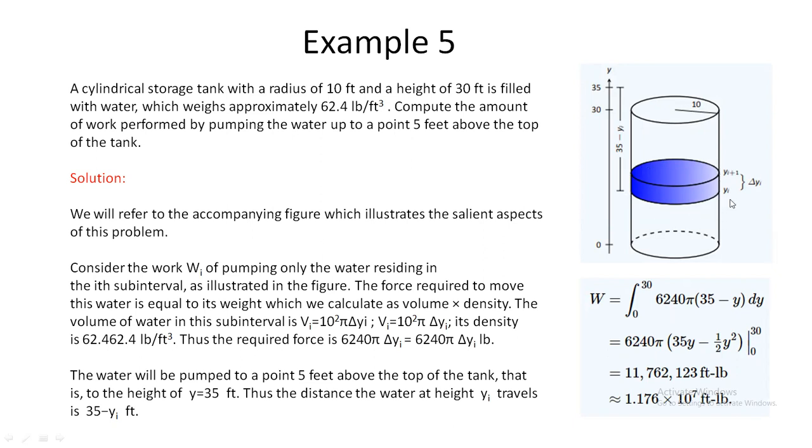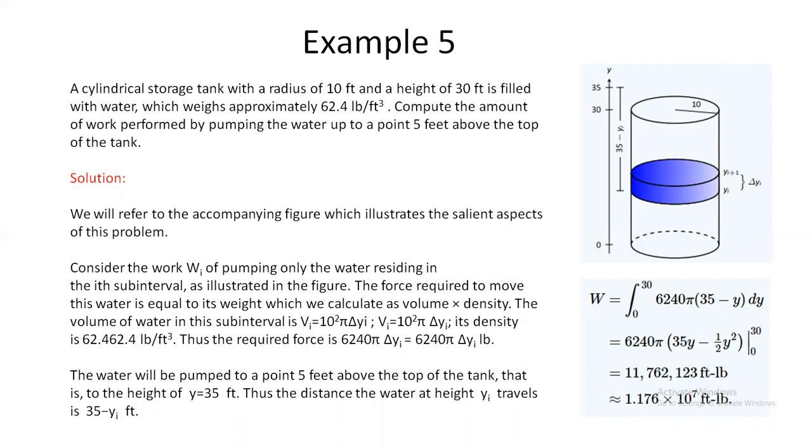The volume times the density will give you the mass. If you multiply it by the gravitational constant, that should give you the weight of the water. Whatever is the weight of that particular differential volume of water will be the same amount of force that you need so that it can be pumped out of the tank.